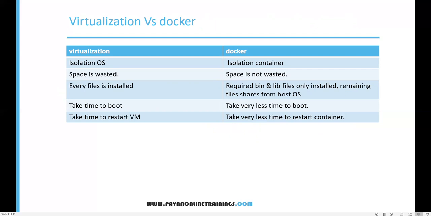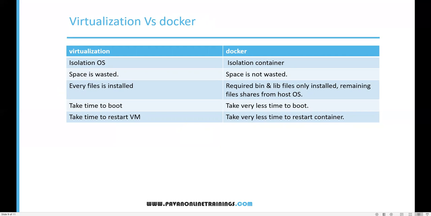The first point: in virtualization we use isolation of OS, but in Docker we have isolation of containers. What is the difference between isolation of OS and isolation of containers? The basic difference is that under virtualization we have multiple VMs, and every VM has its own separate operating system. That is isolation of the operating system.